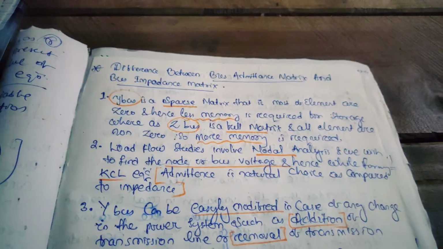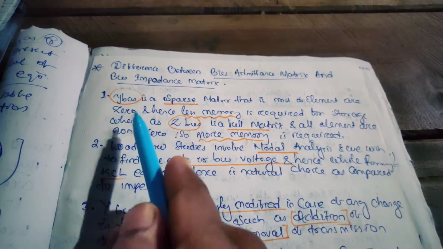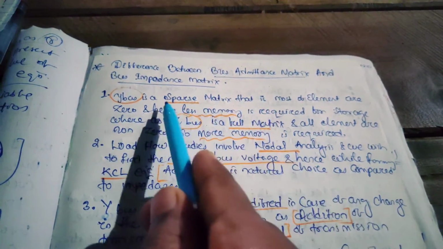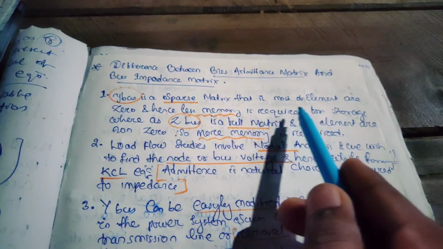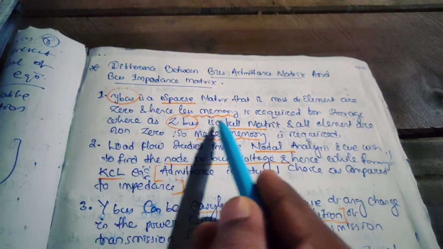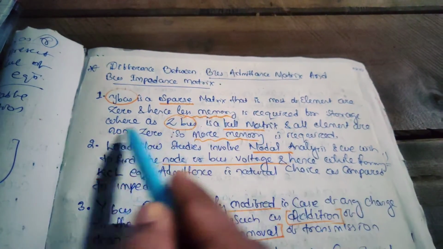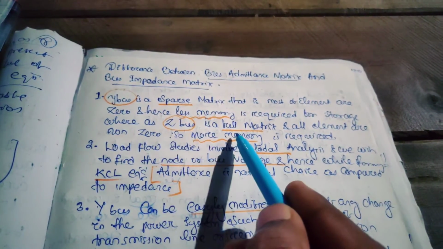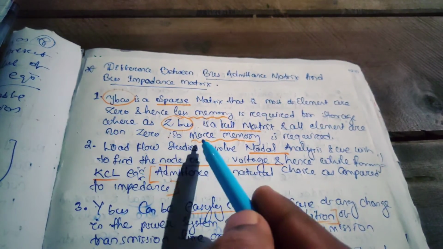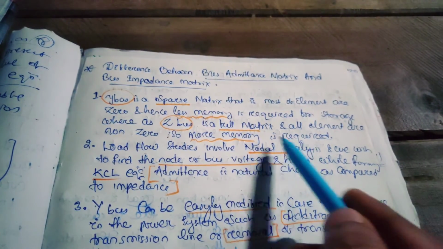So see here, the first difference is that the YBus is a sparse matrix. In the YBus, most of the elements are 0, and hence less memory is required for the storage, whereas ZBus is a full matrix and all the elements are non-zero, so more memory is required.